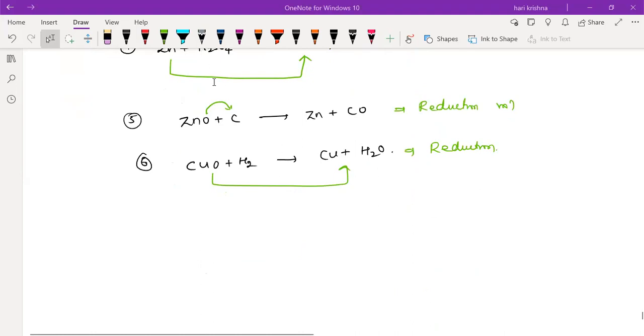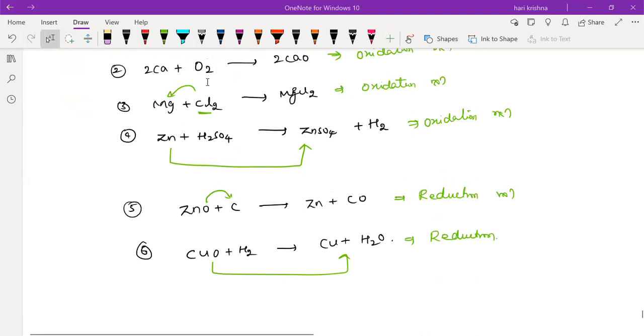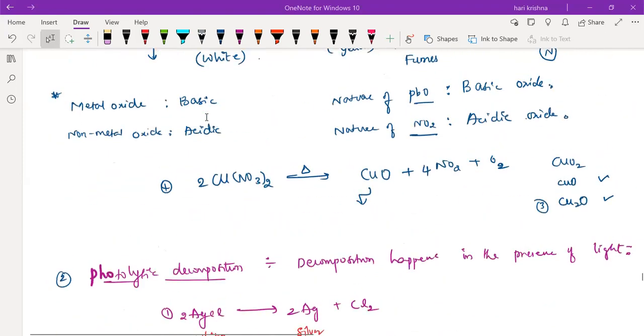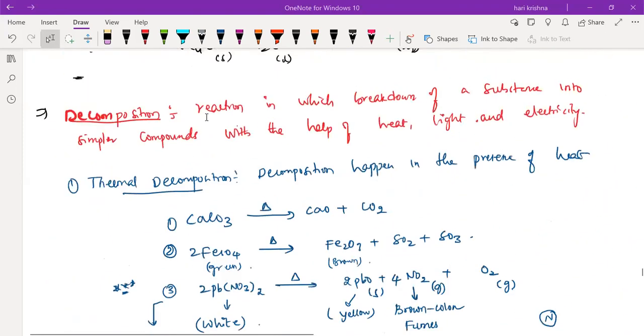Could you repeat the decomposition reaction? What is the meaning of decomposition? It is a reaction in which a substance breaks down into simpler compounds. That means a single reactant will break into two or more products.